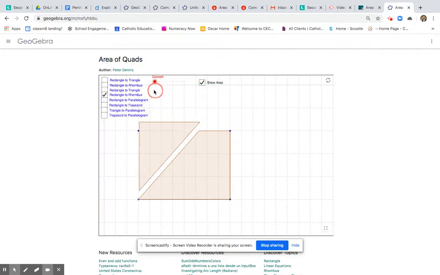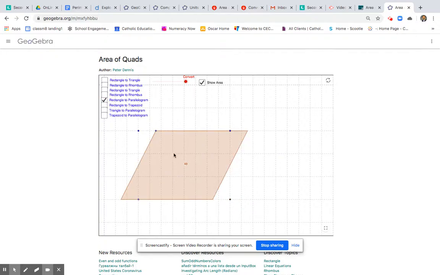Every single parallelogram can be moved like that: we cut off this little triangle bit here, move it across, and it becomes a rectangle. So it's always the same base times perpendicular height from that rectangle to that parallelogram.